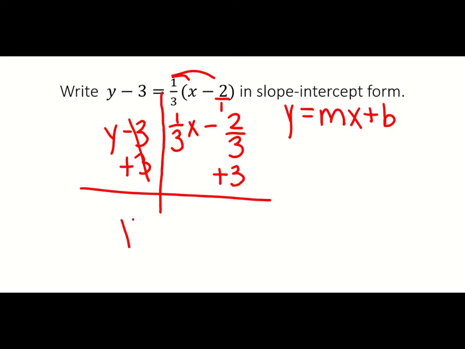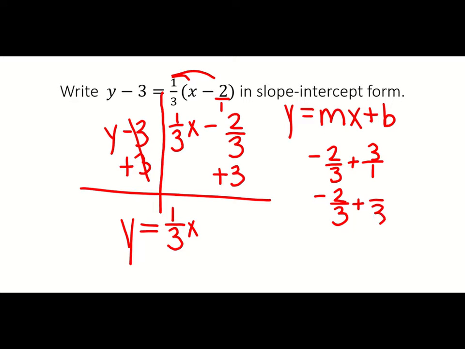So I'll be left with y equals, I'm going to drop down the x term, 1/3 x. But then I have to figure out what -2/3 plus 3 is. So over here to the side, -2/3 plus 3. I'm going to make 3 a fraction by putting it over 1. And then I need common denominators, which would be 3 between 1 and 3.